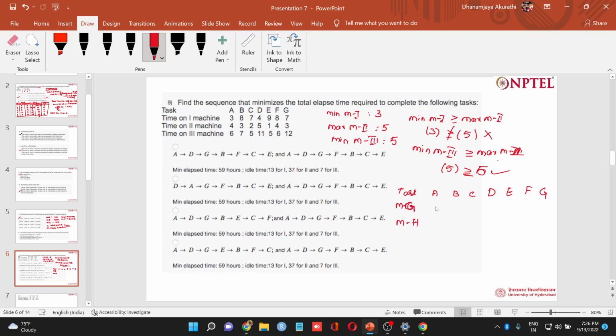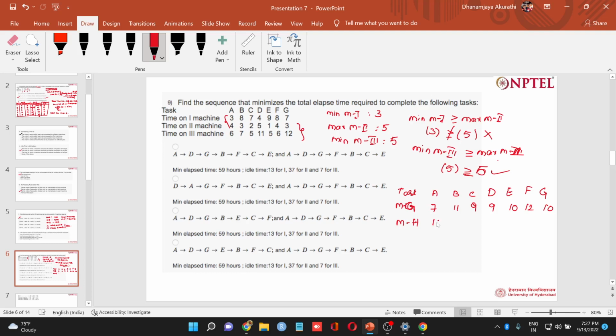Mission G has the sum of the values of mission 1 and mission 2. That are, if we add that, 3 plus 4 is 7, 8 plus 3 is 11, 7 plus 2 is 9, like so, 10, 12, 10. And mission H has the values of mission 2 and mission 3.